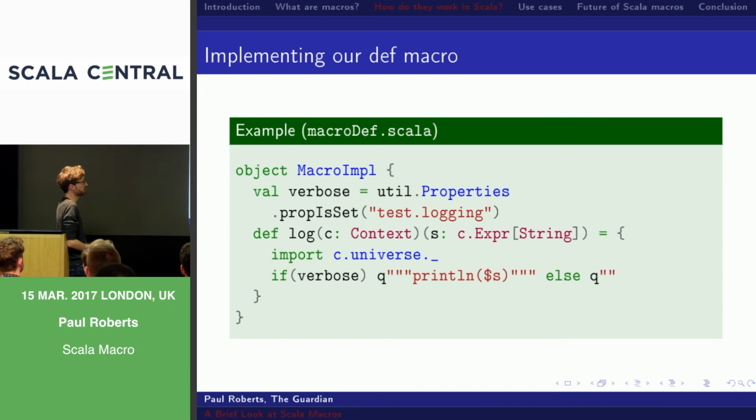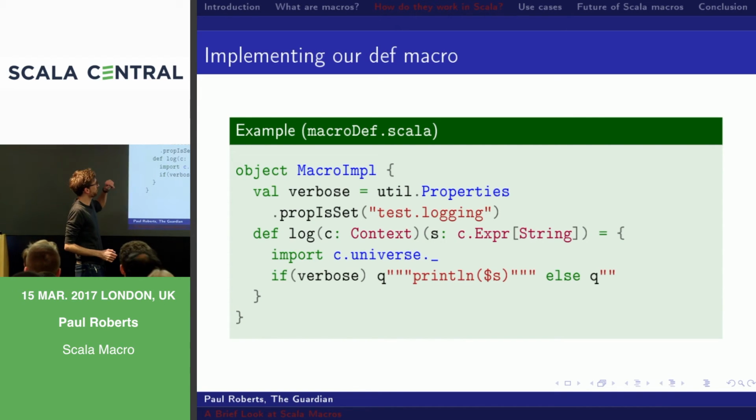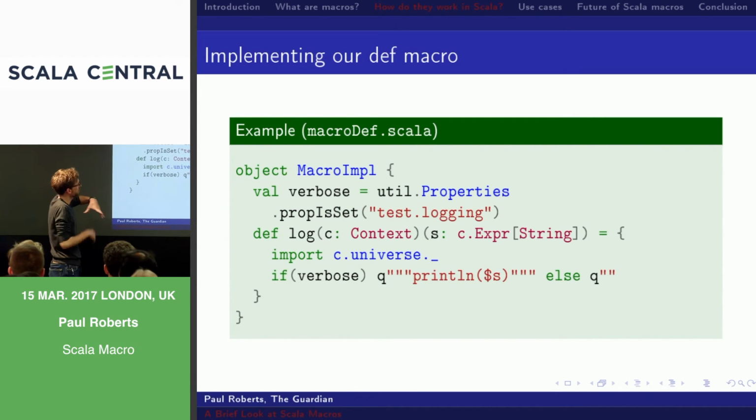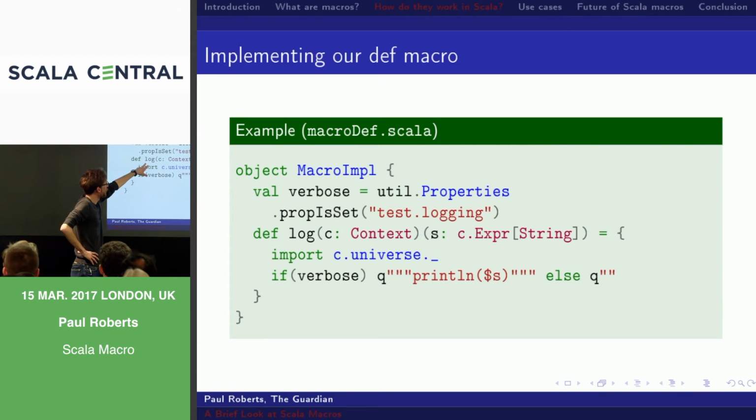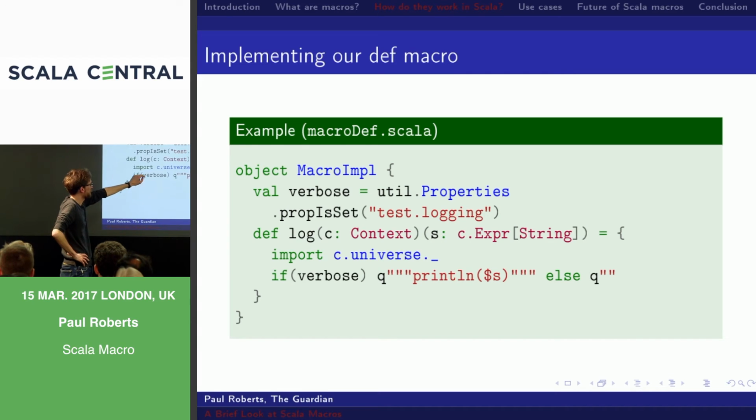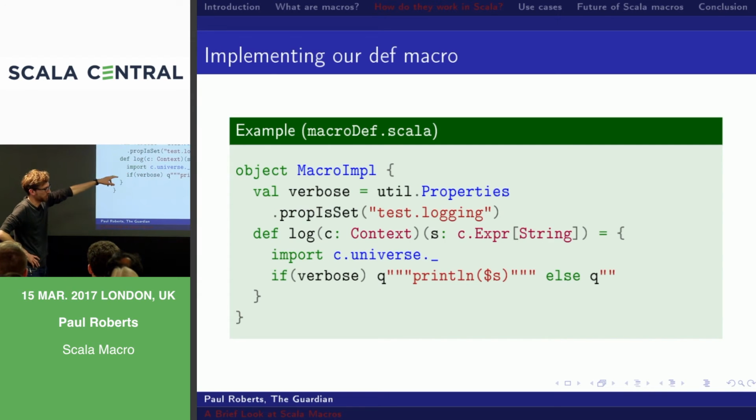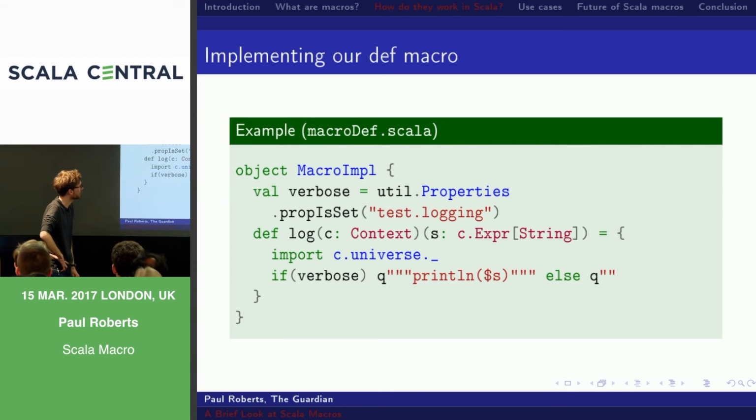So this is the implementation of the macro, which was being referenced in the previous slide. As you can see, this is again really simple. What we have here is another function. This function will get executed at compile time. This is where we get the context of where the macro is being used. I'm not using it here, but we could use this to make decisions about what code we actually want to generate.